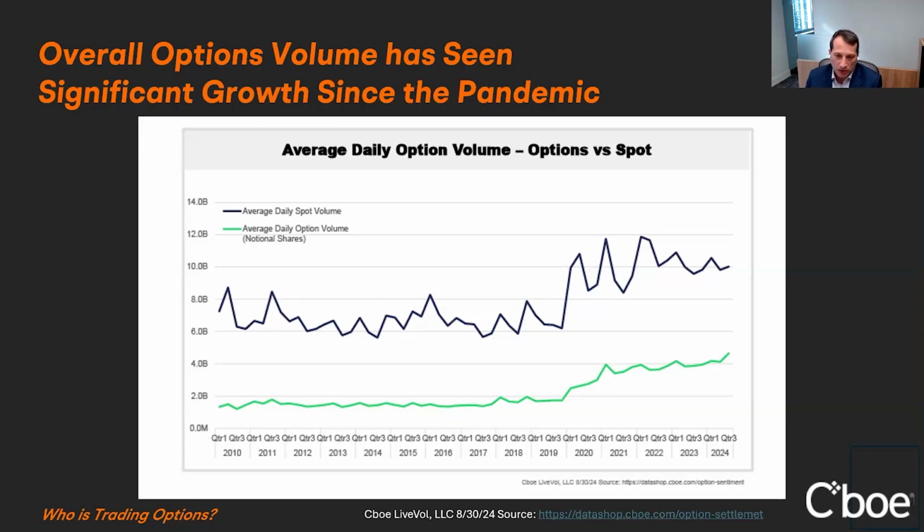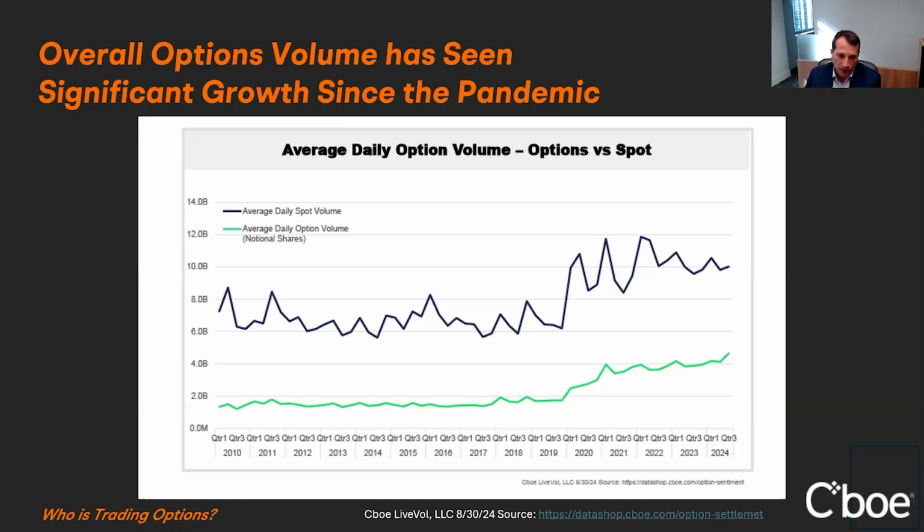And VIX. Those are three of the names that you might have heard of before. Generally speaking, some of the things that have been popular with retail when we start talking index options are that they're cash settled, because it's based on an index and it's not settling into shares.